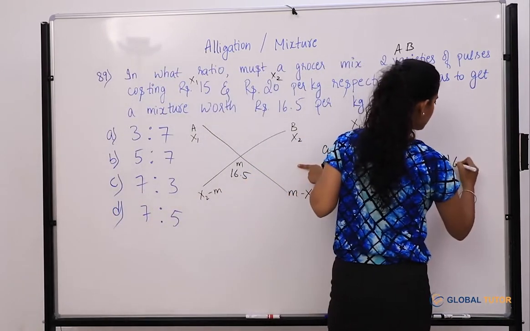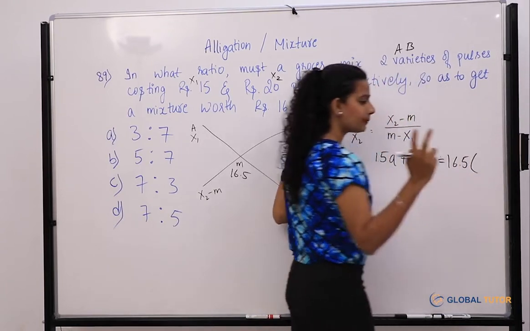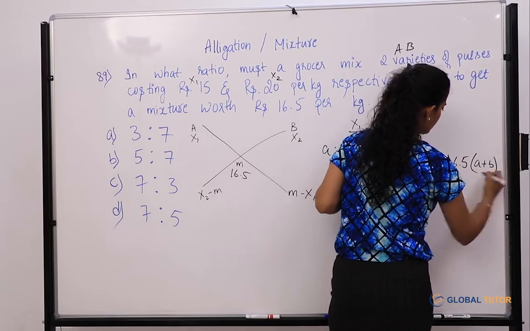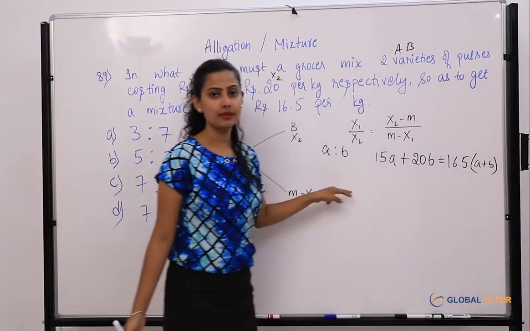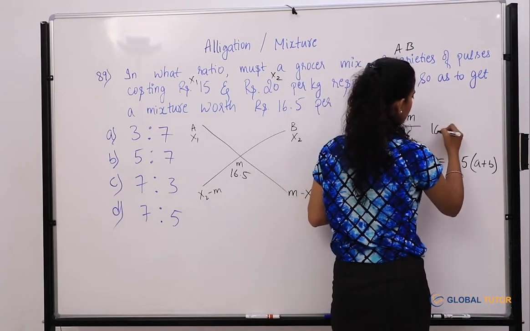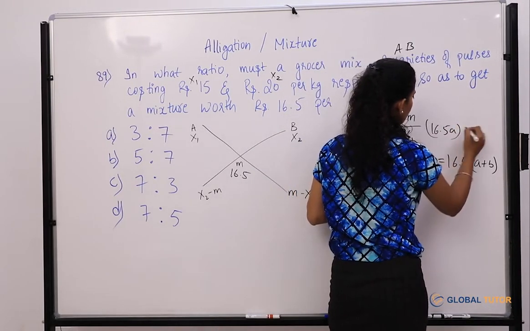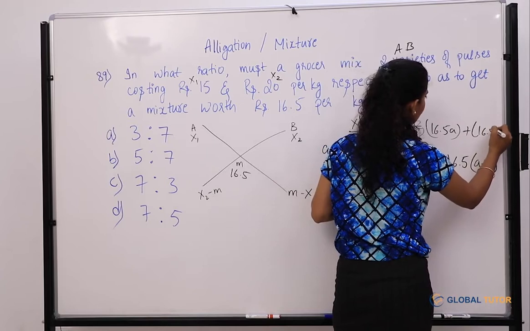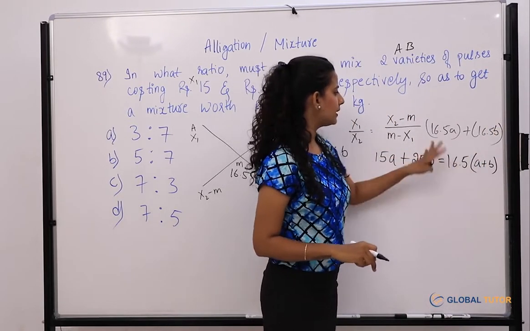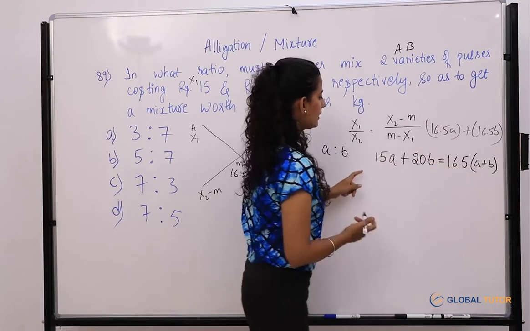So, this will be 16.5 and because we mix two substances, it is A plus B. So, 16.5 into A plus B. So, what will this become? 16.5A plus 16.5B, right?